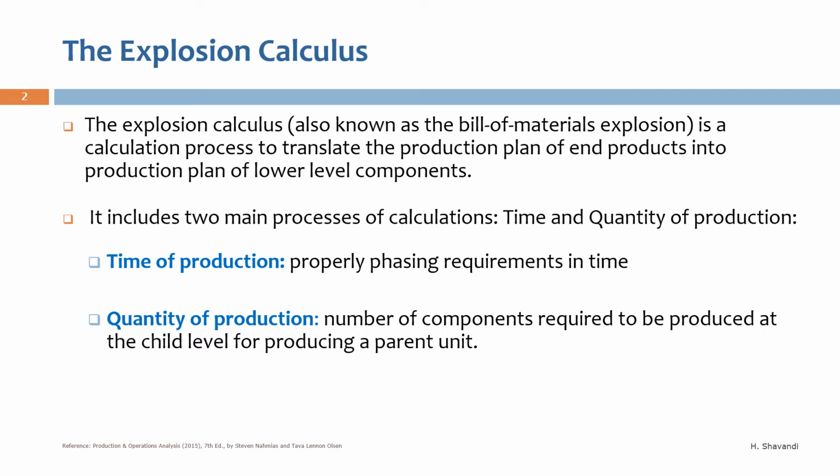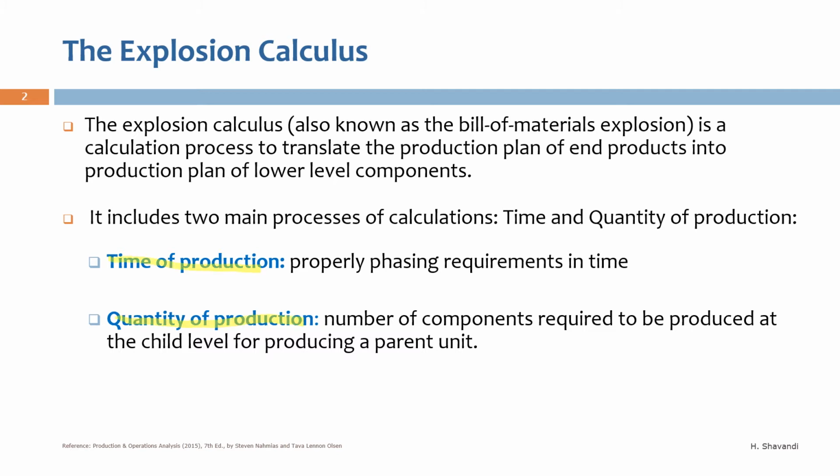In the MRP process, as I said, we translate the MPS or master production schedule of product or end item into the lower level components. This calculation process is called explosion calculus. In the explosion calculus, we have two processes of calculations, time and quantity.